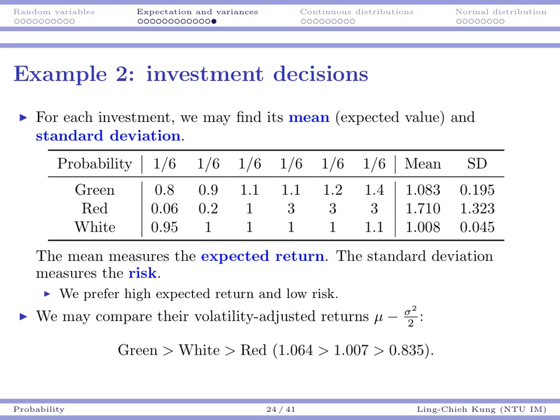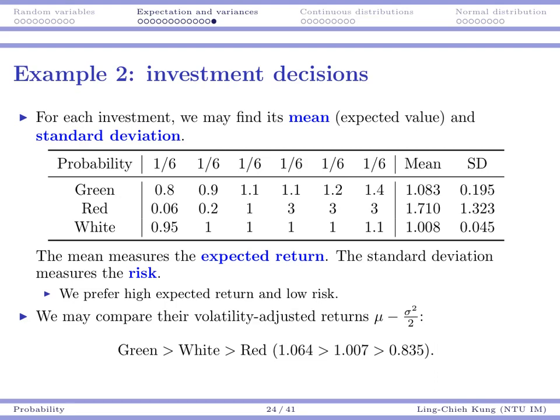and we prefer that value to be as high as possible. So in that case, the red is really a good one. But the standard deviation also measures the risk or the uncertainty, and obviously most people prefer the uncertainty to be small. Or sometimes we prefer a risky project, but the necessary condition is that its expected return must be high.